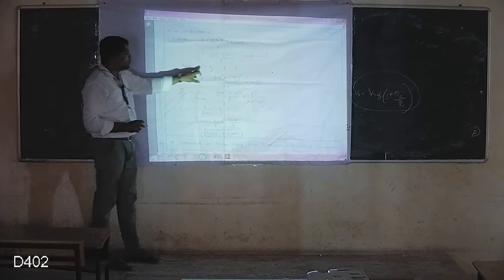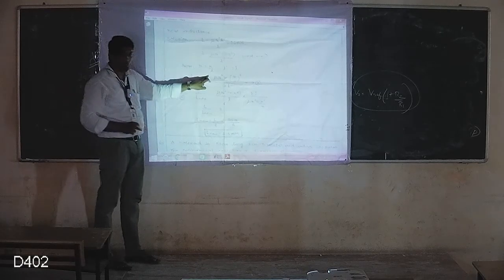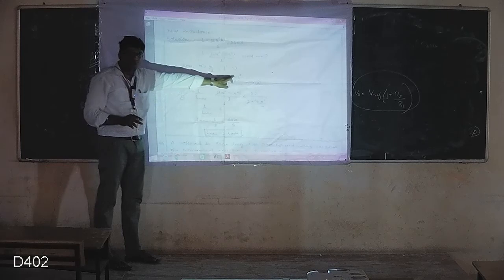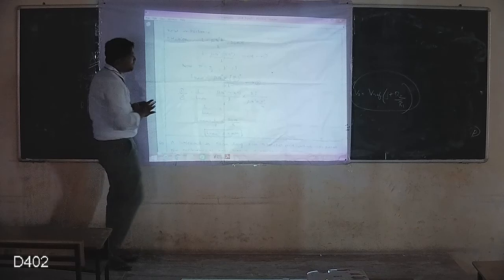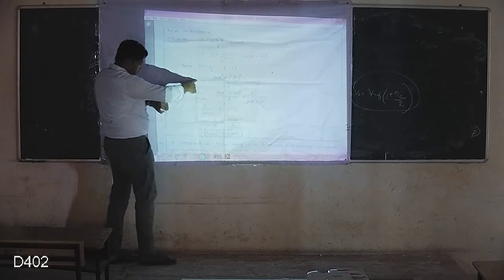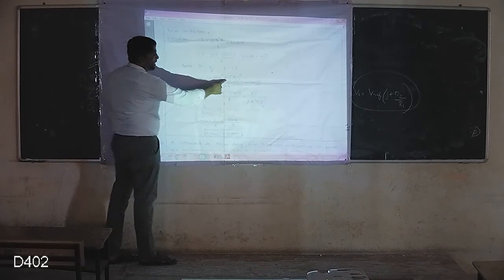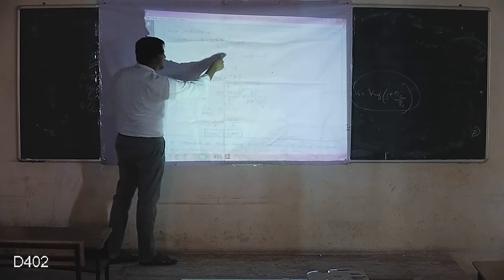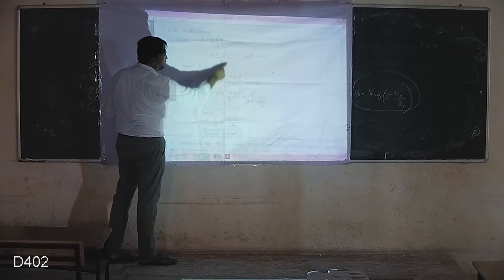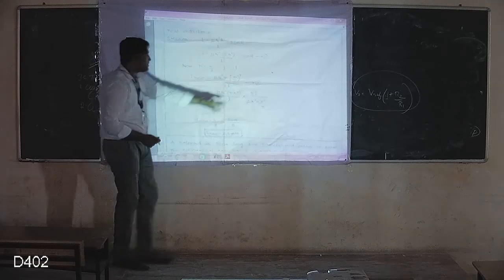Now, new radius is equal to old radius by 2. New length is equal to twice the old length, L dash is equal to 2L. Now the new inductance will become mu n square pi (R by 2) square into 2L. With this substitution, R as R by 2 and L as 2L, I get equation number 2.